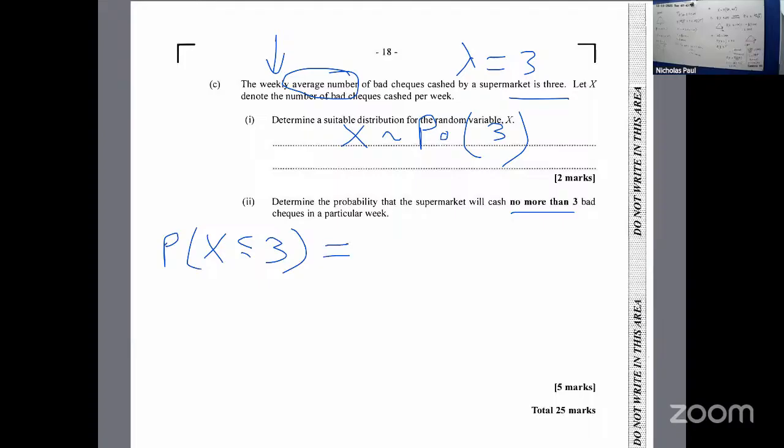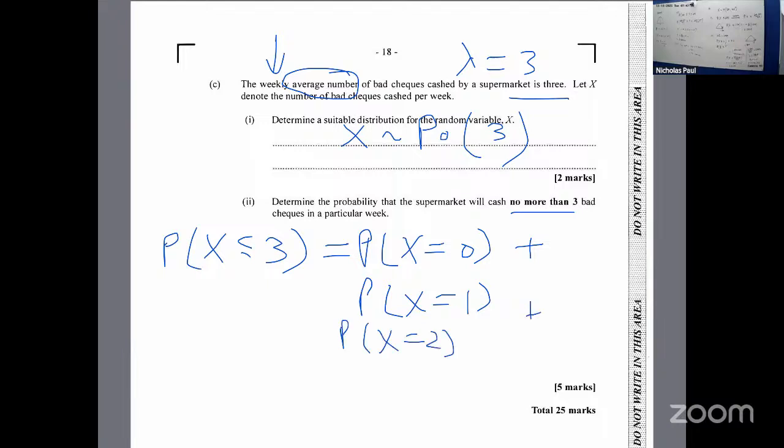And then we have to use the formula. The bad thing is there's no short version for this. So we have to find the probability of X equal to 0, X equal to 1, X equal to 2, and X equal to 3. And we have to do it individually, right?